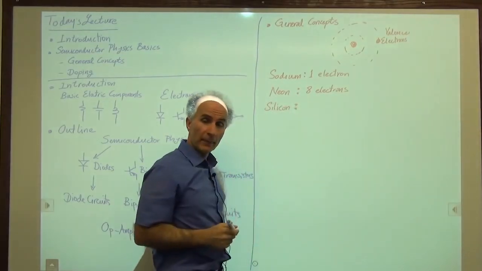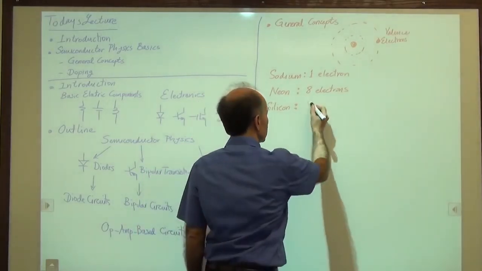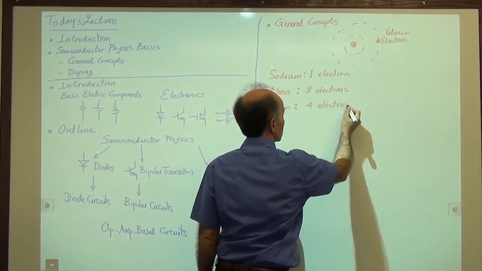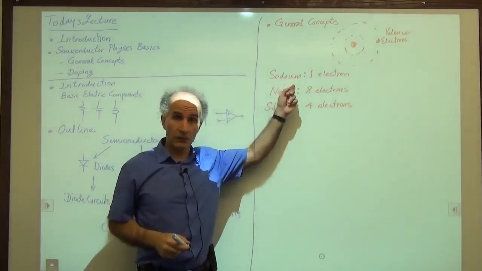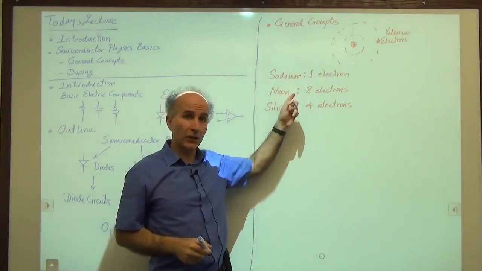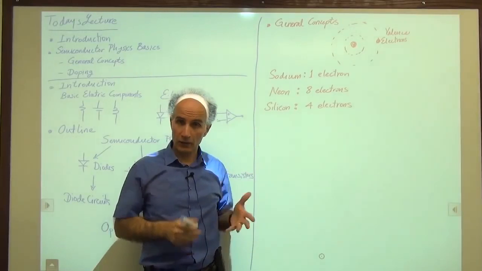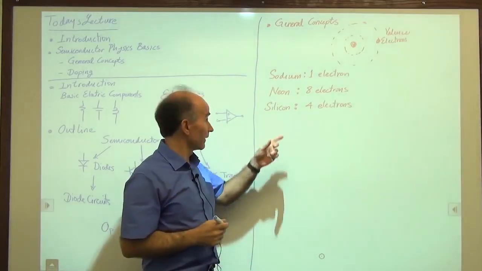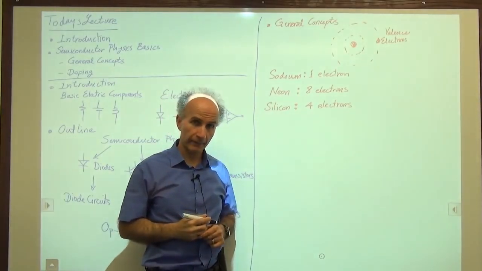And silicon happens to have 4 electrons in its outermost shell. 4 electrons. So silicon is not as reactive as sodium, or as inert, as non-reactive as neon. It's somewhere in between. So it could interact with other atoms to some extent. And this is the foundation for semiconductors that we study in this course.